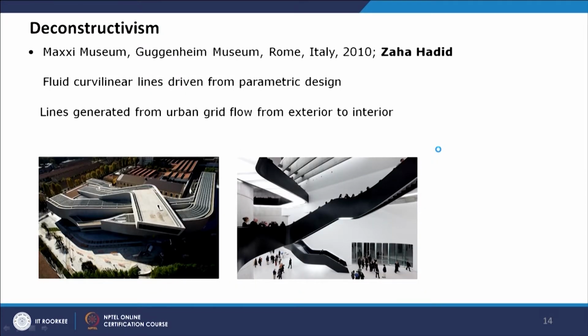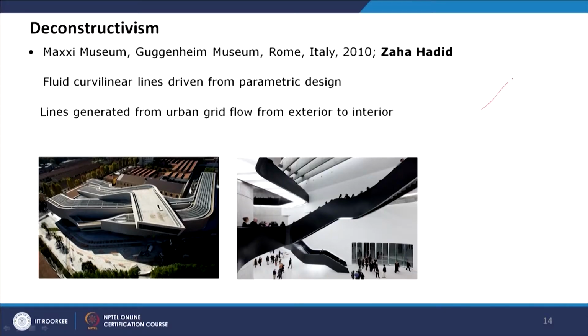Now, this is another example by a great deconstructive architect, Zaha Hadid, but Zaha Hadid's design has more curvilinearity than the rectilinear form of Gehry and Koolhaas. Zaha Hadid's forms are mostly curvilinear, and she was a mathematician before joining the AA in the UK, so most of the design she creates is driven from mathematical formulas.